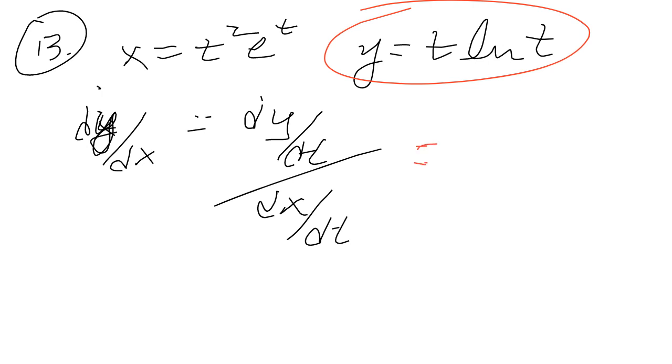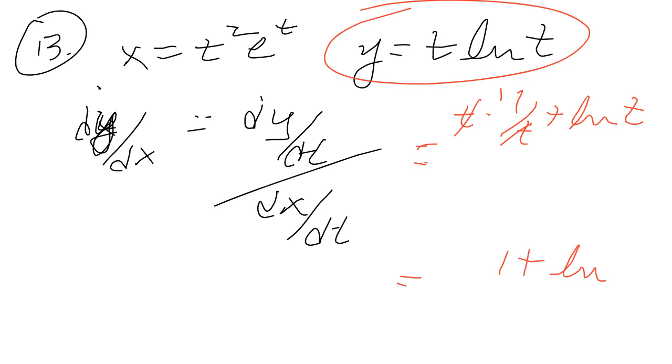First times the derivative of the second, the derivative of natural log is 1 over t, plus the second times the derivative of the first, the derivative of t is 1. So this nicely cancels out to just ones, and this ends up being 1 plus natural log of t.